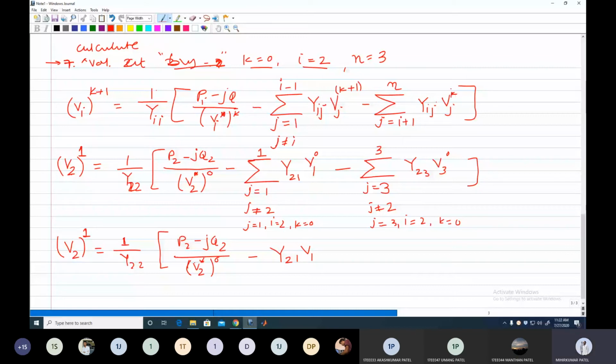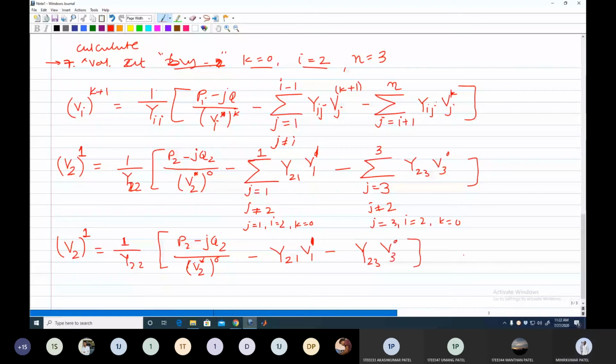Here it is 1, and here it is 0. So V1 1, minus, for this summation it is y23 into V3 0. So this is your final equation.